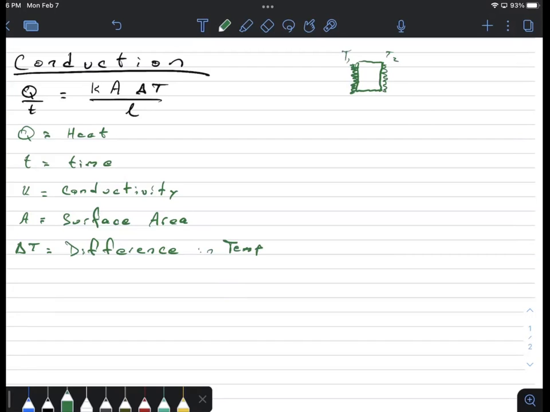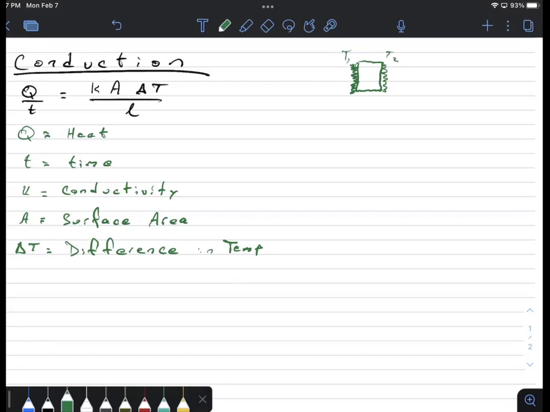Of course, this makes sense. If there's a very, very hot side and a very cold side, then that energy really wants to rush over to the cold side because the cold side is lacking energy.